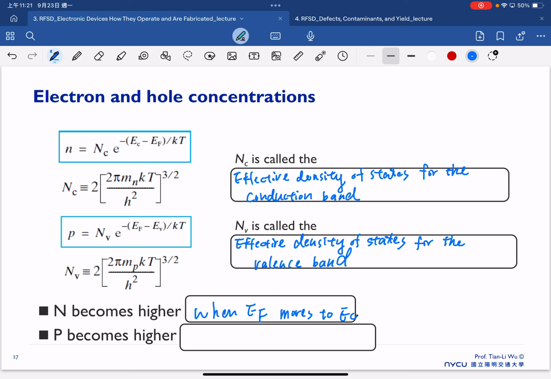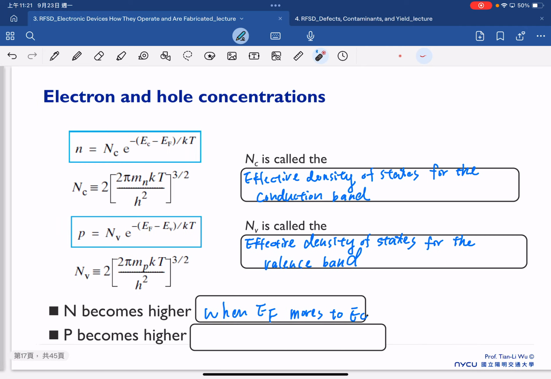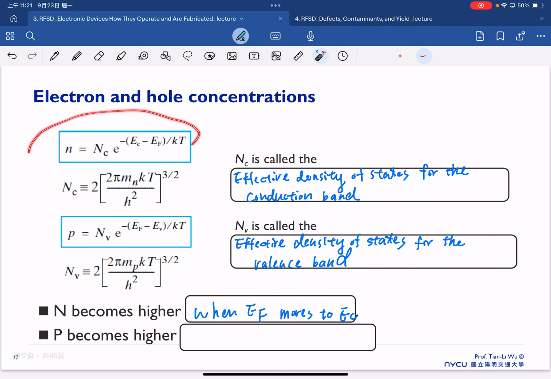So this is consistent with what we have already shown here. Once our EF is close to EC, N becomes higher. So that also can be seen from this analytical equation as shown here. And also P becomes higher when EF moves to EV.